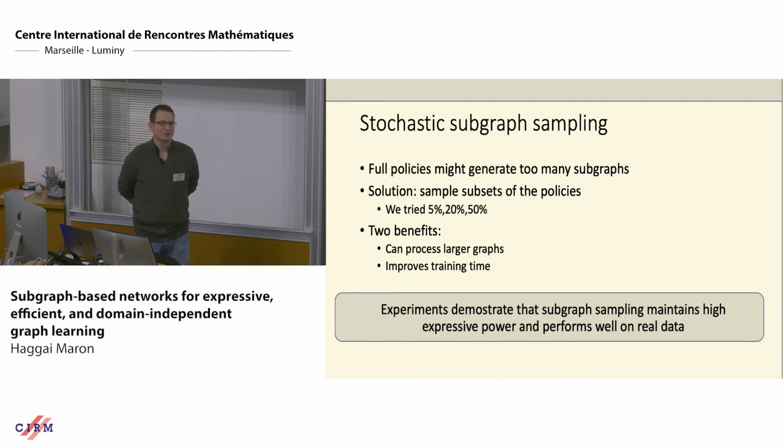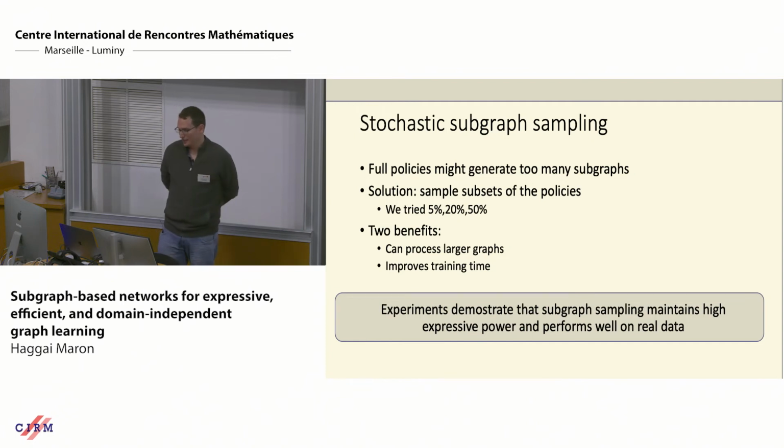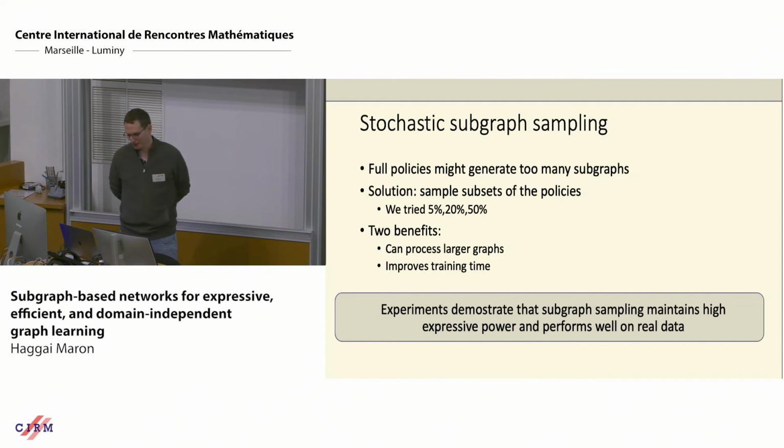For very large graphs, using edge-deleted or node-deleted policies is going to be a problem because we have many of those. So one thing we tried is to sample subgraphs in a stochastic way. We tried several percentages, like 5%, 20%, and 50%.